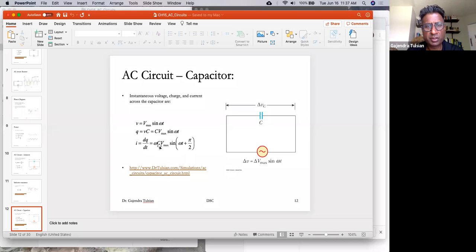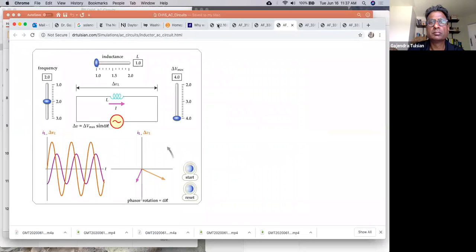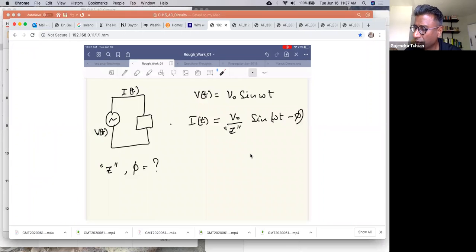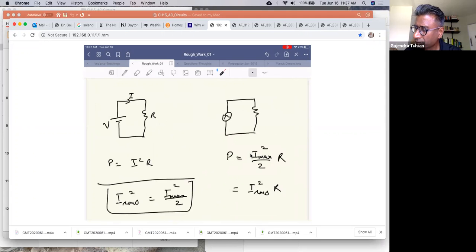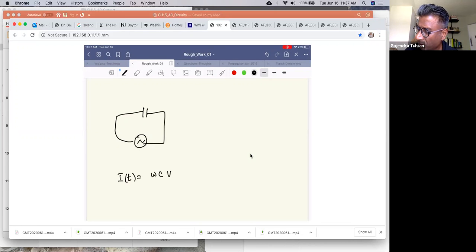All right, so now let's look at this expression. Let's go to the whiteboard. When we connected an AC source to a capacitor, what we found was the current was omega C V naught sine of omega t minus phi.